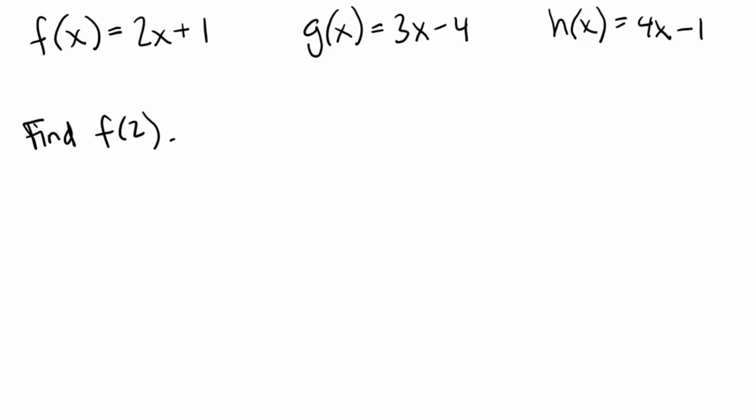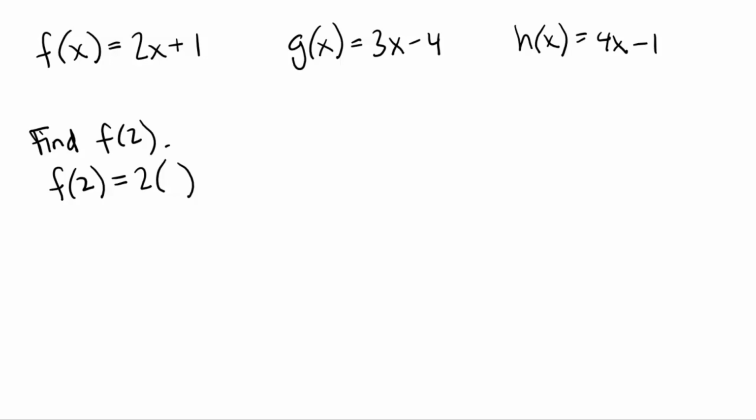So then we know that we're going to be using function f, and we're going to plug in 2 for x. So we would have f of 2 equals 2 times 2 plus 1. So 2 times 2 would be 4. 4 plus 1 is 5. So f of 2 equals 5.